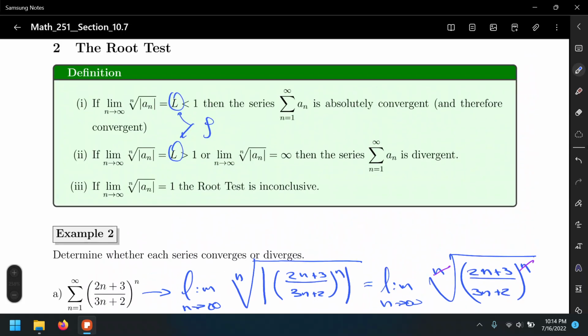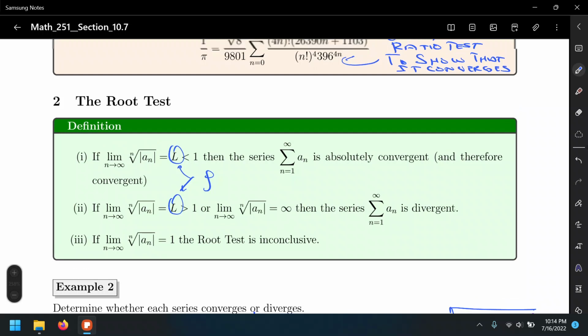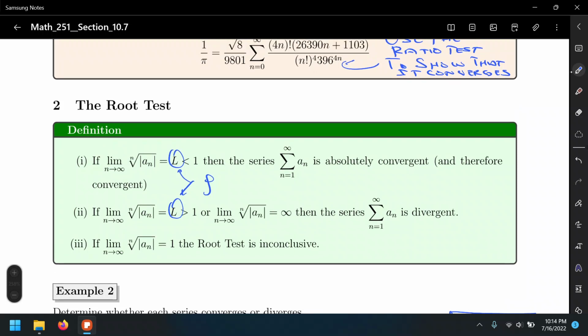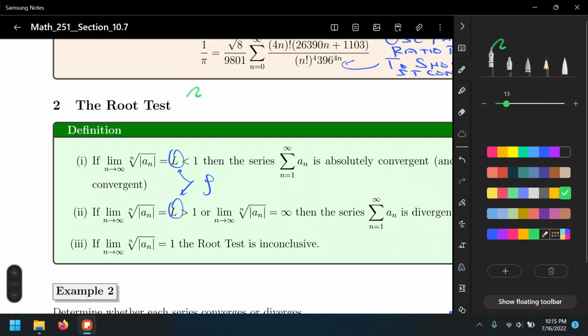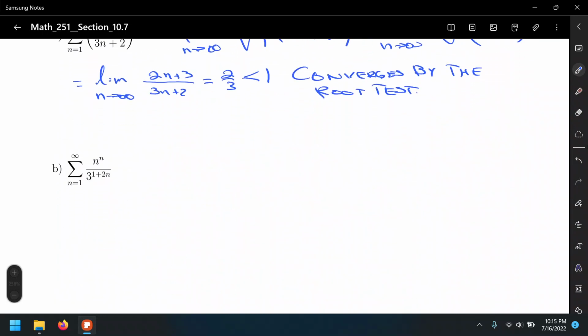I would like to go back to the description of the criteria, and this test is going to be your best friend whenever you have n powers. That's because those n powers get cancelled with the index n from the limit setup on the radical.